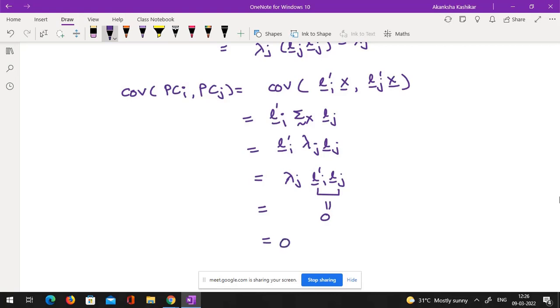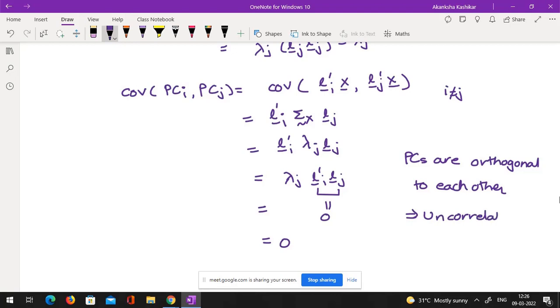So the covariance of the ith PC with the jth PC is 0 as long as i is not equal to j. Which means that the PCs are orthogonal to each other, and that actually implies they are uncorrelated with each other.